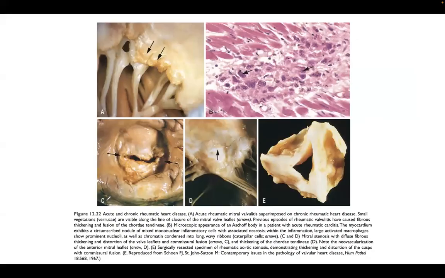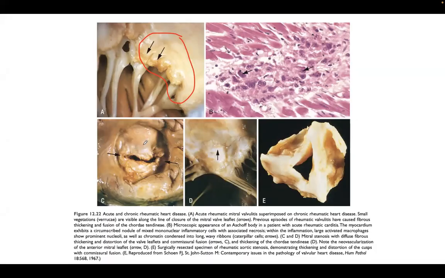Now, here's a very nice figure from our textbook. These are what we call vegetations. They are usually found in the heart valves. Then here, pointed arrows, these are your Aschoff bodies. Now, this is the mitral valve.